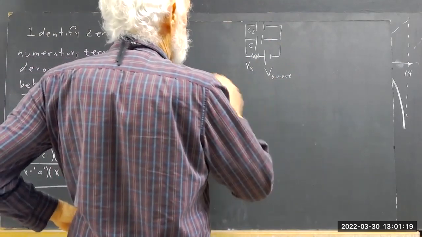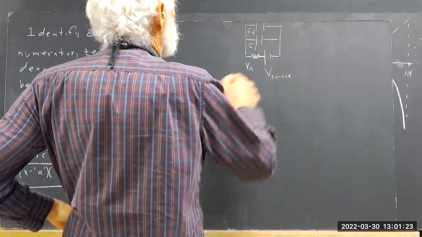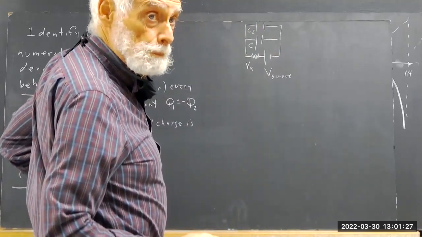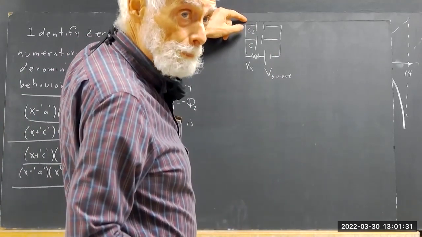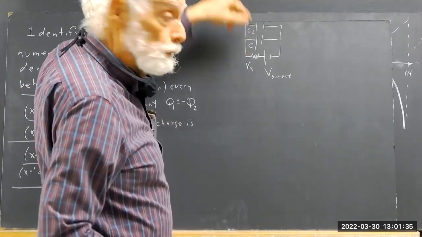At any instant, the voltage across C1 is equal to the voltage across C2 because there's no potential difference in these wires. There's no voltage change through an ideal wire.